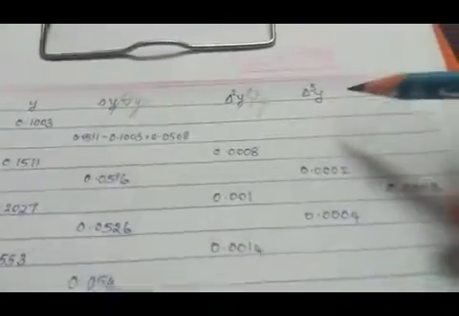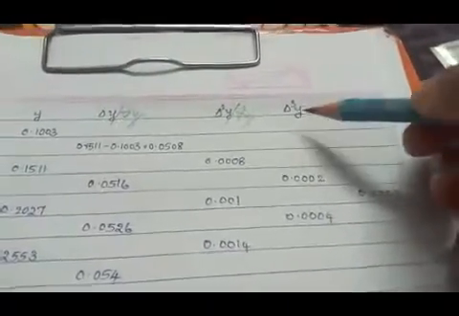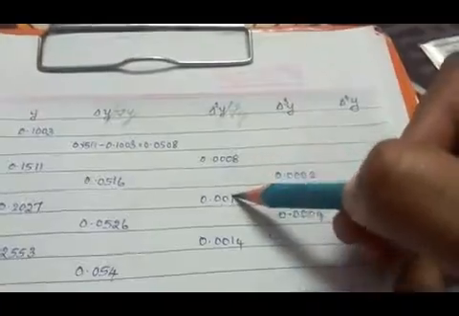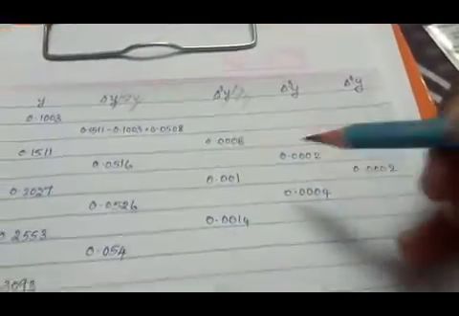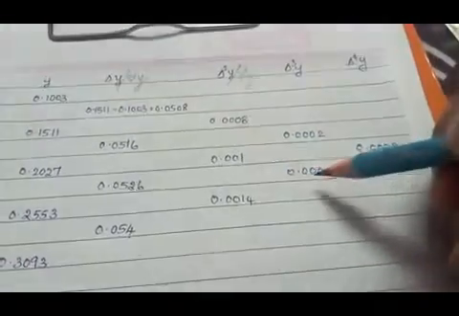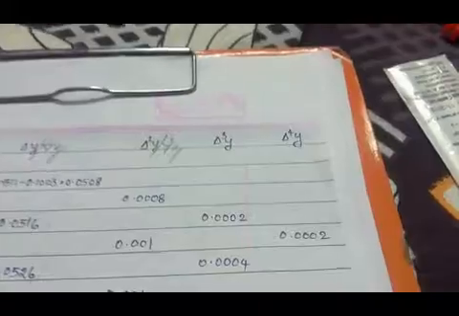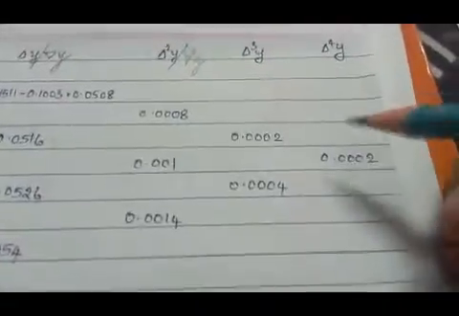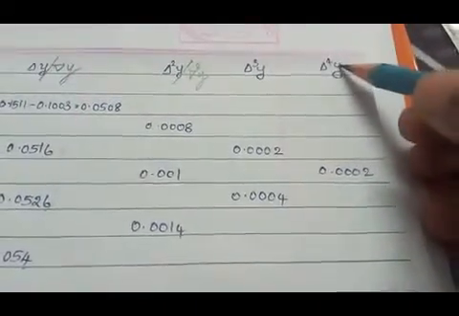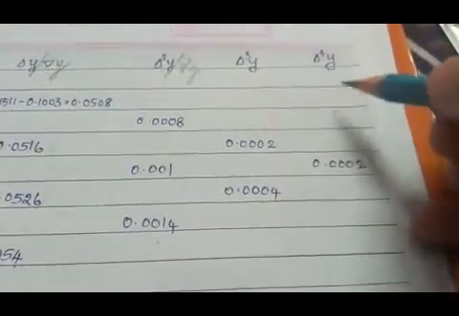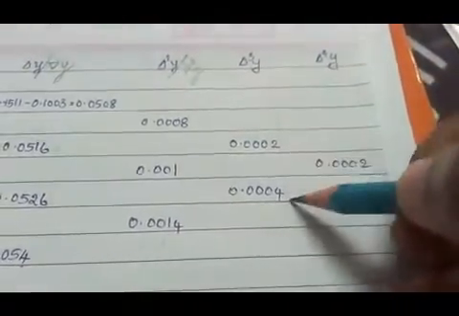Now the third difference is obtained by subtracting the values of the second differences. So by subtracting these two, you will get the first value, and by subtracting these two, you will get the second one. Then, since you have two values for delta cube y, we can go for delta raised to 4 y also, and delta raised to 4 y is obtained by subtracting these two.